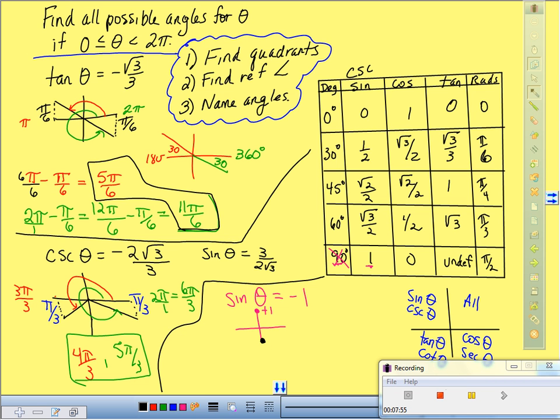So then you just need to name that angle. What is that angle that goes around to that point? Well, hopefully you've just flat learned it, but if not, it is 1½ pi. 1½ is the same thing as 3/2. So yes, it makes your answer 3 pi over 2. And you have a quadrant line answer.